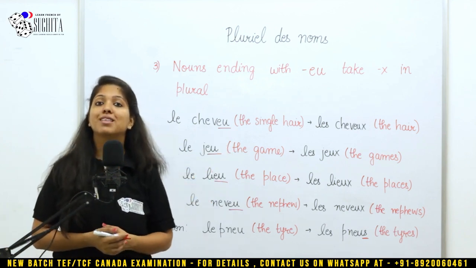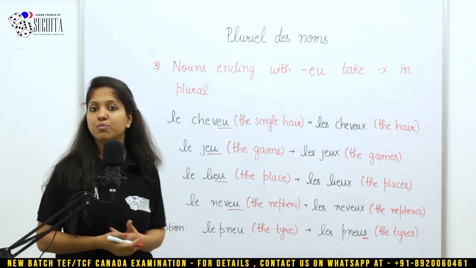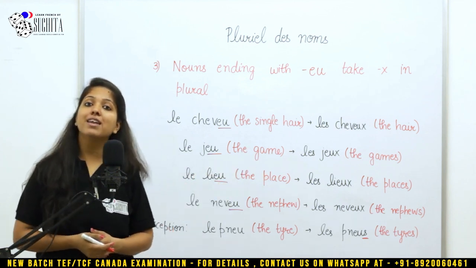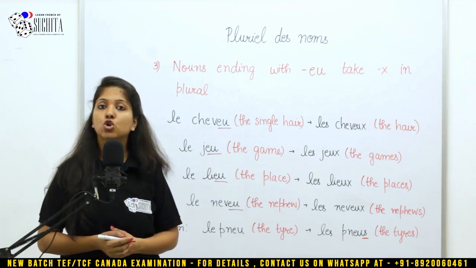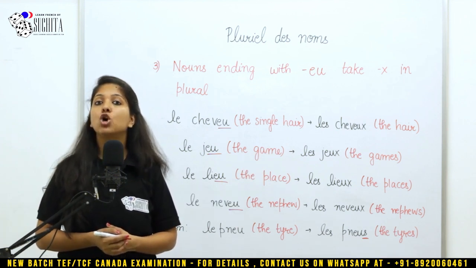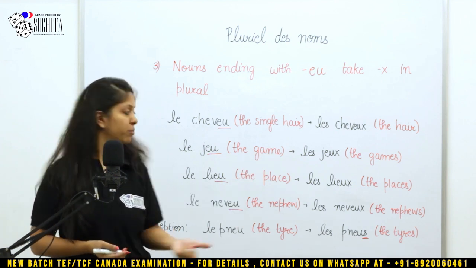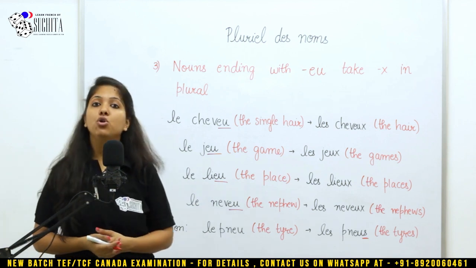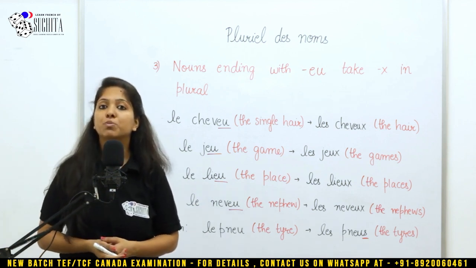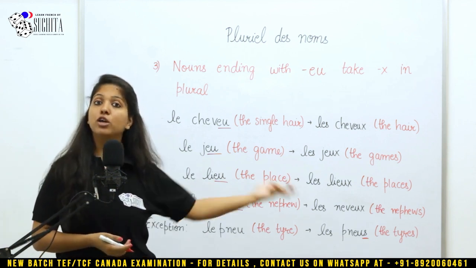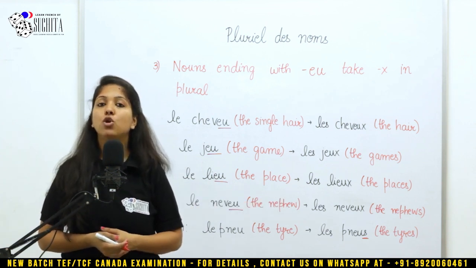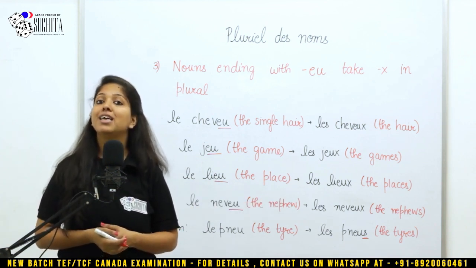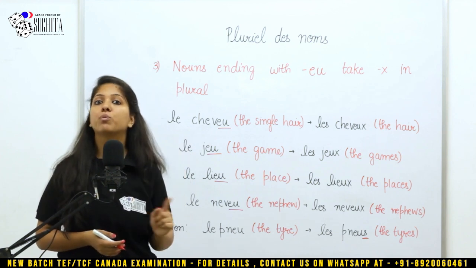Okay. Next, le jeu. Le jeu, which means the game. Now in order to make its plural, I have again added an X. Les jeux, which means the games, the plural. Le lieu. Le lieu, which means the place. In order to make its plural, les lieux. Lieu avec X. But this X you don't pronounce.